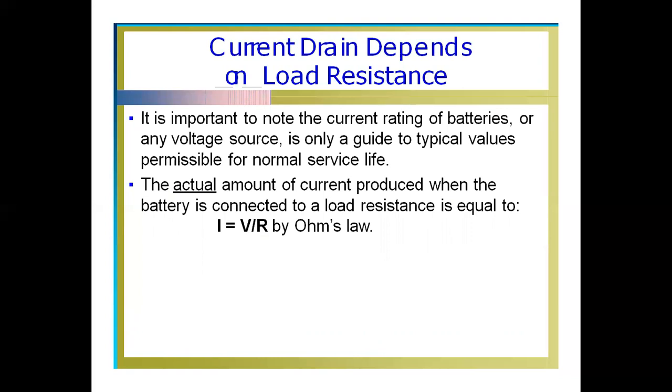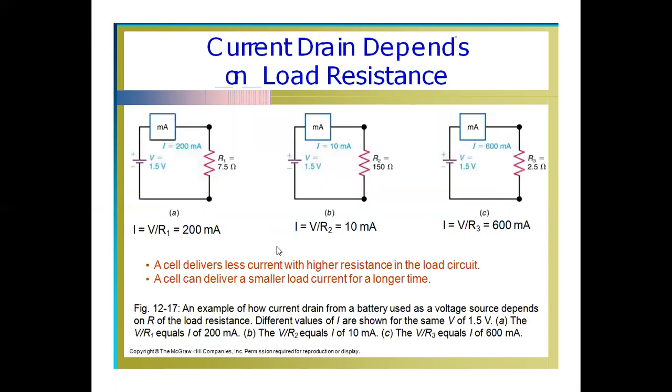The actual amount of current produced when the battery is connected to a load resistance is I equals V upon R. The maximum current rating is there, but at a particular instant of time, the battery will provide current depending on the value of the load resistance, and that instantaneous value of the current will be V upon R.